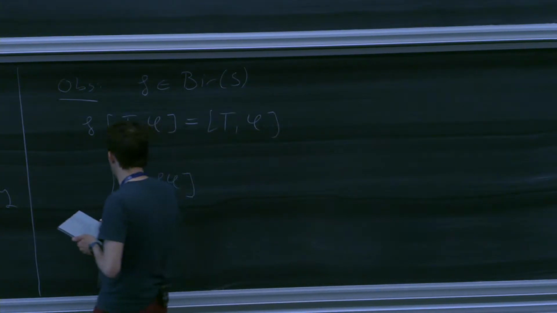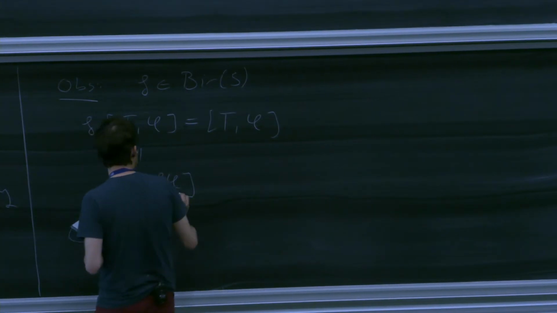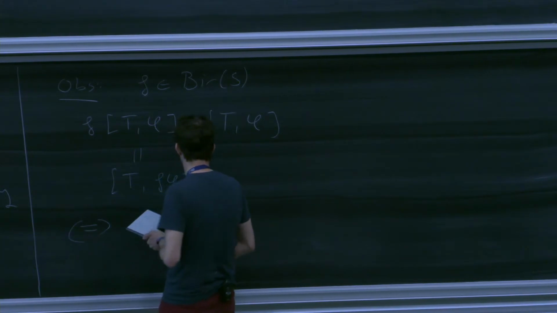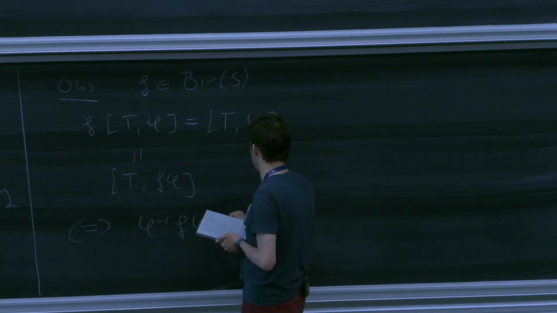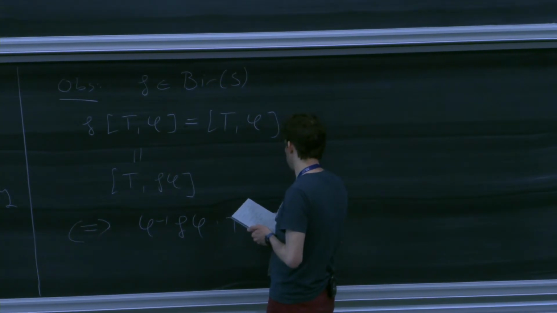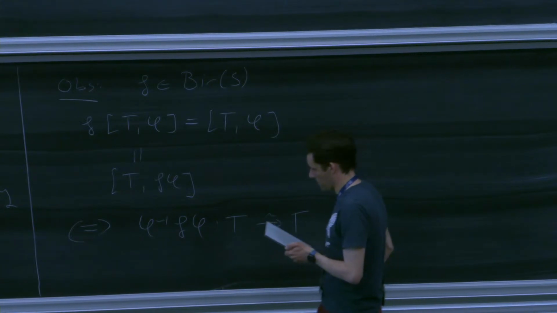This is the same as saying that phi inverse F phi, a birational map from T to T, has to be an isomorphism, so it's an automorphism.